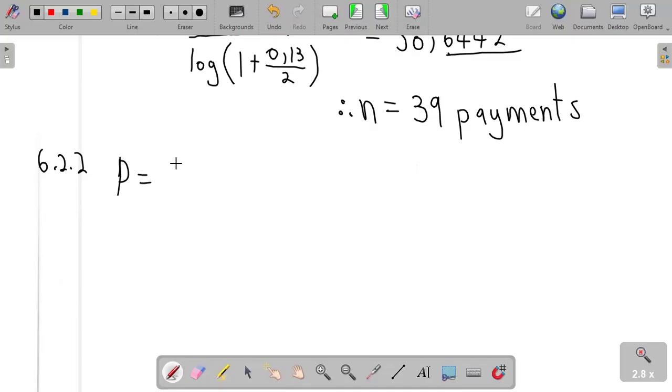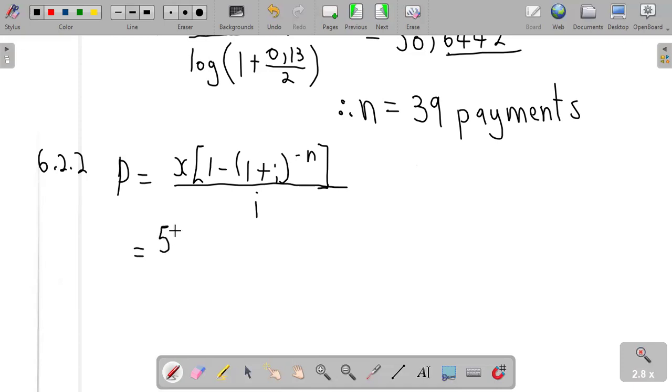Okay, we have to find the present value, isn't it? 1 minus, and then 1 plus 0.13 all over 2.